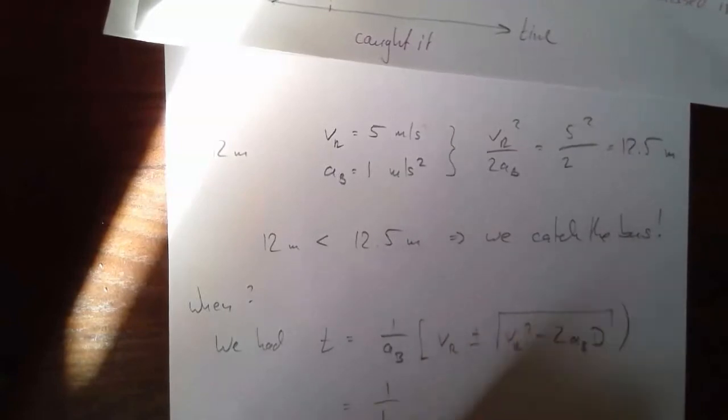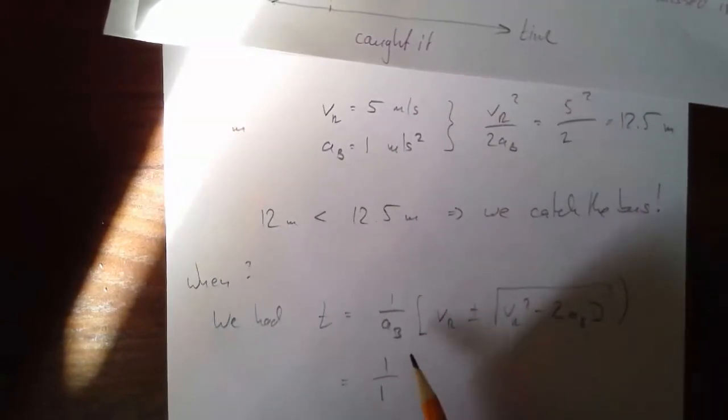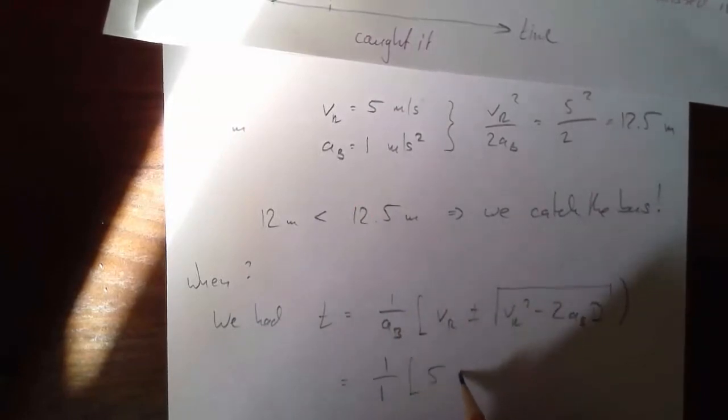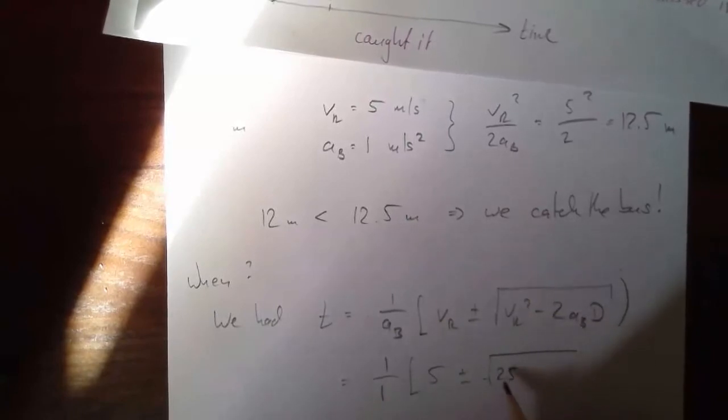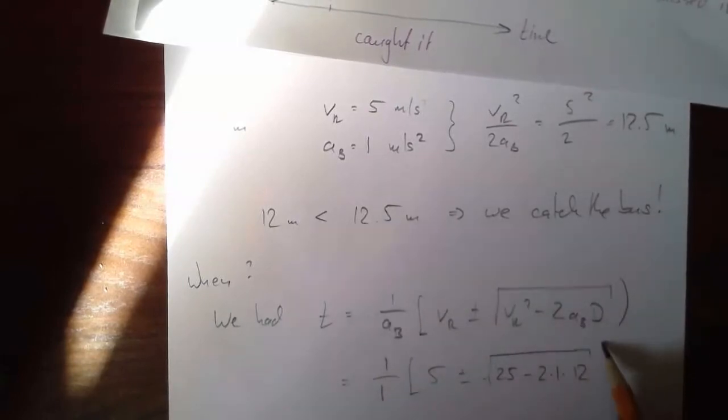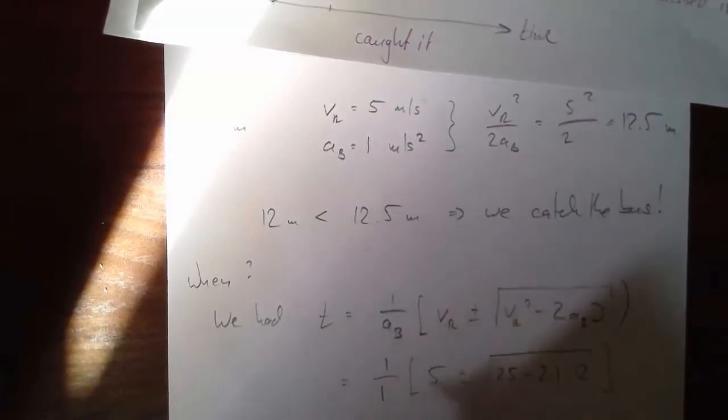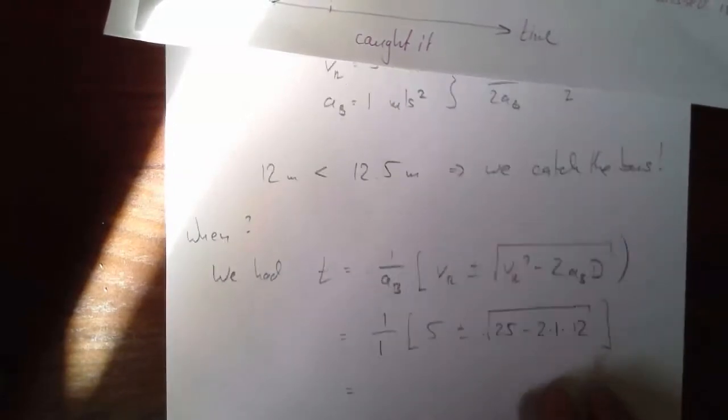That's 1 over 1, because AB is 1, times 5, plus or minus, okay, what's going to be in the square root? It's 25, 5 squared, minus 2 times 1 times 12. Well, this is 24, so 25 minus 24 is 1. 1 over 1 is 1. It works out rather nicely.